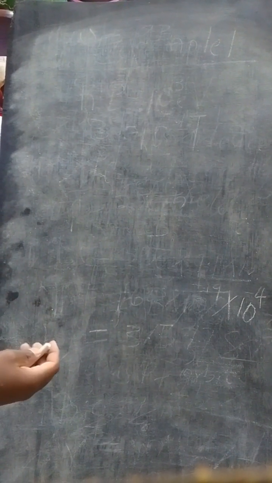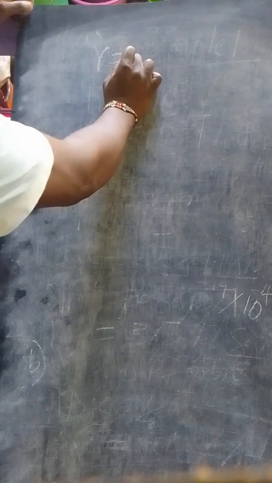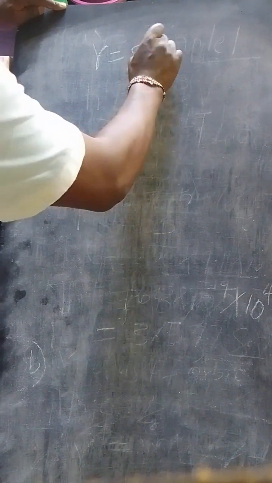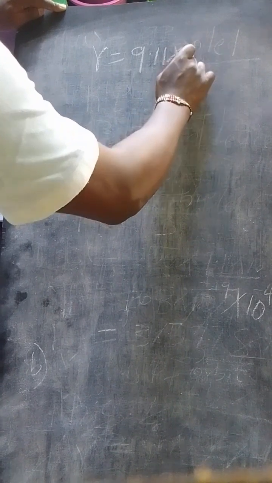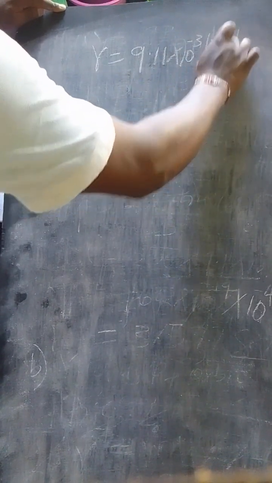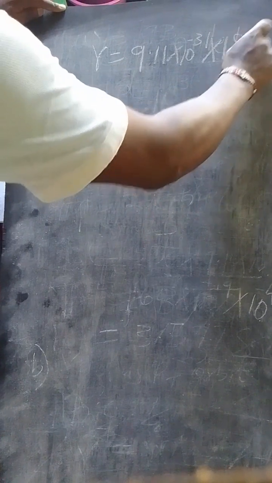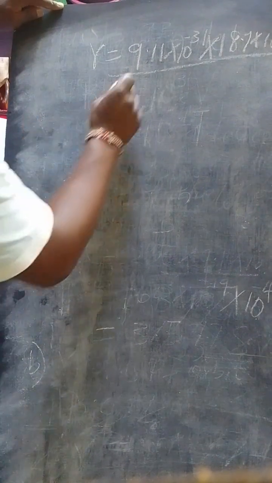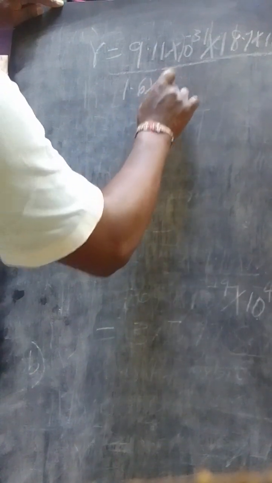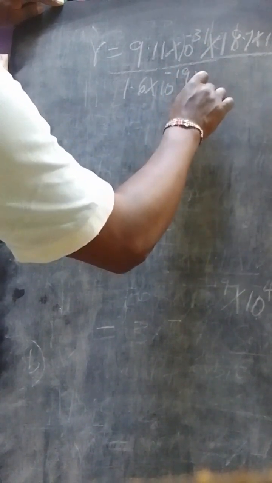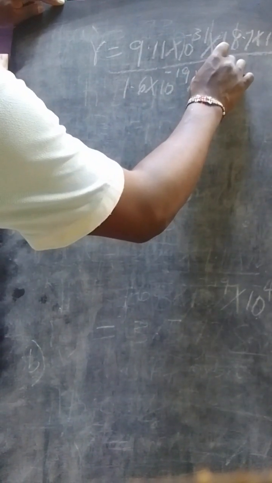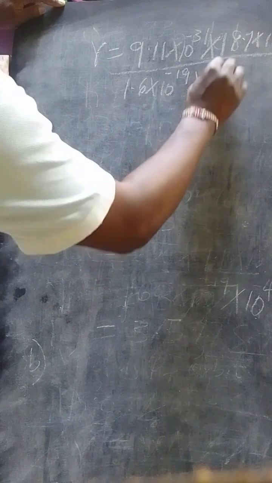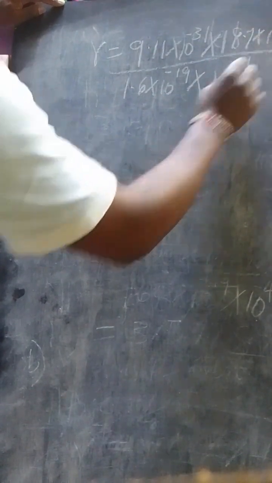And the radius, R, will be equal to, remember, mv over qB. The mass is 9.11 times 10 raised to power negative 31, times the velocity, which is 18.7 times 10 raised to power 6, over q, which is 1.6 times 10 raised to power negative 19, times B, which we were given as 10 raised to power negative 4.